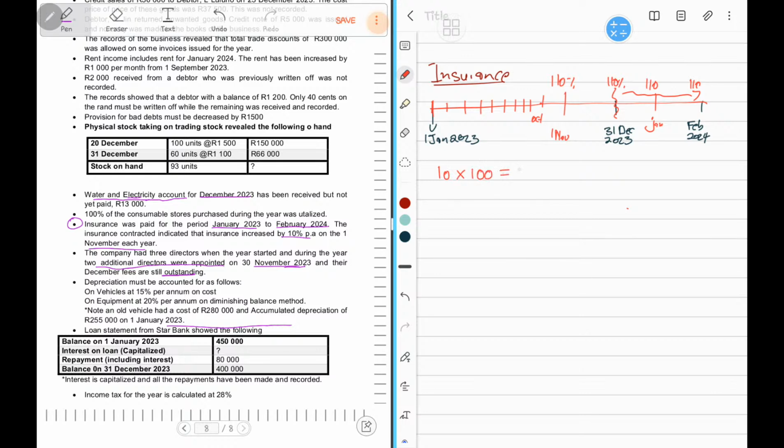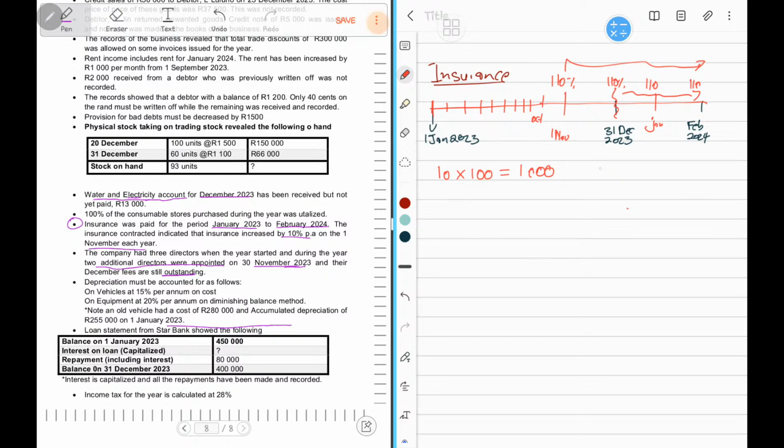By 100%. That gives us 1000%. Then after the increase, each month it will be how many percent? It will be 110% per month, meaning that from November up until February, the monthly insurance is 110% more than the original one, which is 100%.